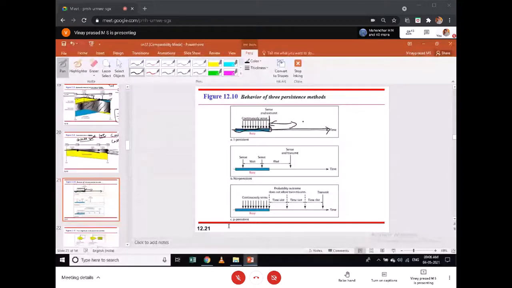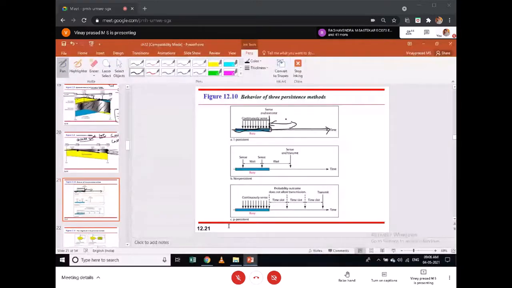So this method might utilize the channel completely, but what is the problem here? If you use this persistence method, there might be more collisions. In a broadcast environment, more than one station would do the same thing.